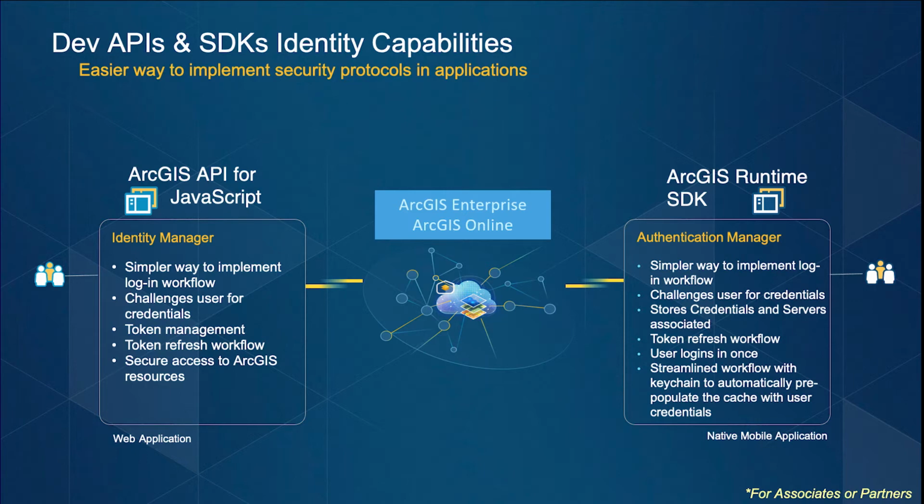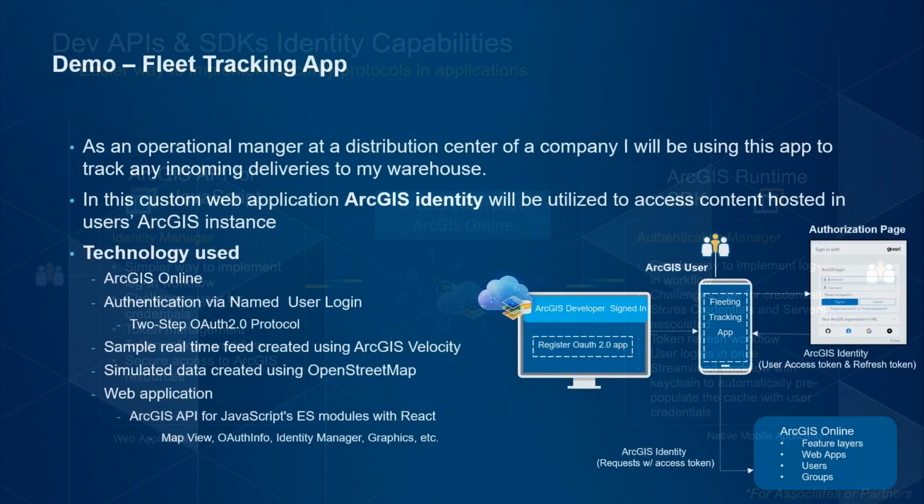Let us dive into a demo and an application that I created for this session today. In this demonstration, I will act as an operational manager at a distribution center who wants to track the fleets approaching the warehouse and the incoming freight quantity in those warehouses.